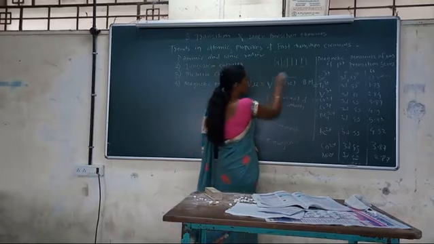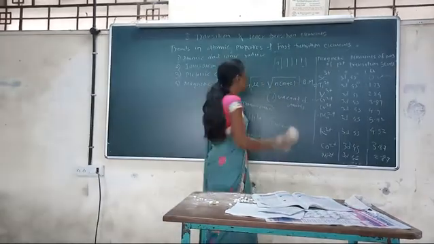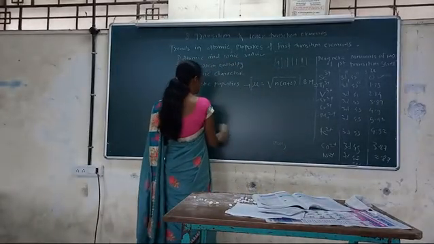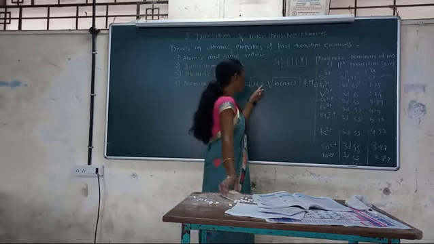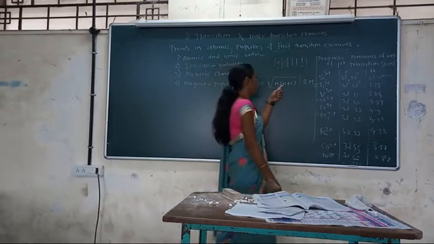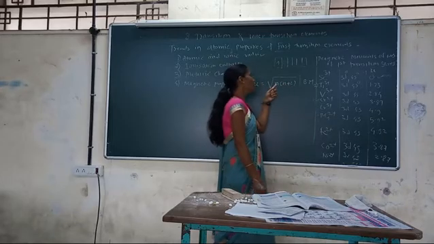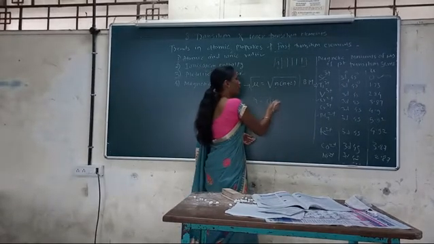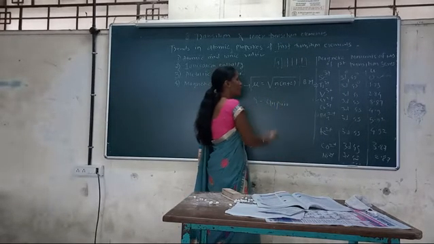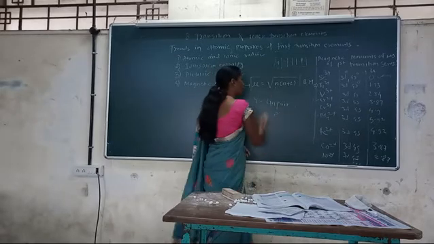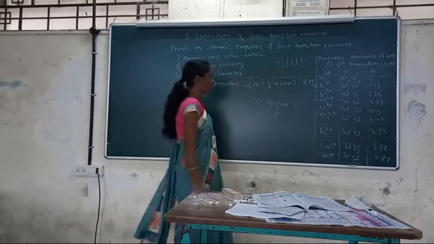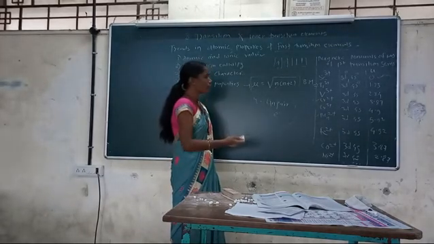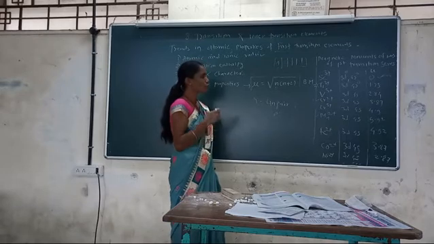This formula is used to find the magnetic moment or magnetic property of the elements: mu equals the square root of n times (n plus 2), where n is the number of unpaired electrons. The magnetic property depends only on the number of unpaired electrons. The greater the number of unpaired electrons, the stronger the magnetic property.